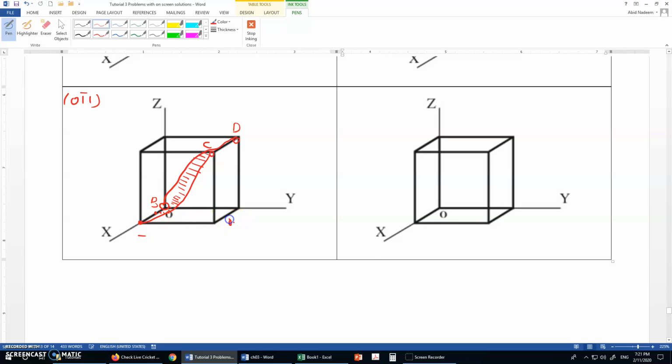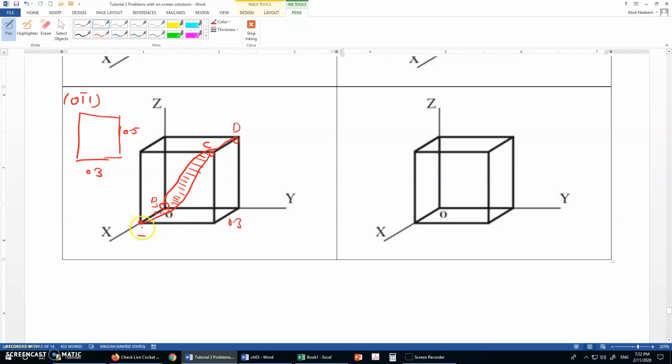So it will be 0.3 nanometer long here, 0.3 nanometer long, and lengthwise it will be 0.3 and 0.4, so it will be 0.5.